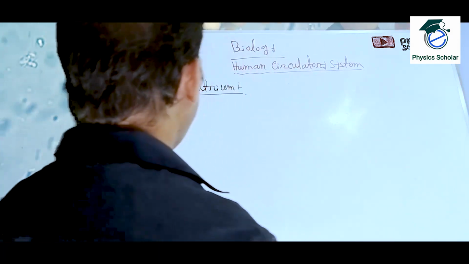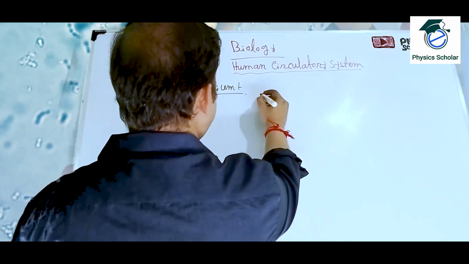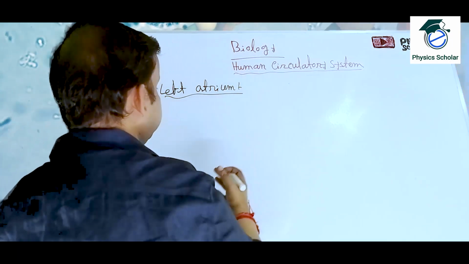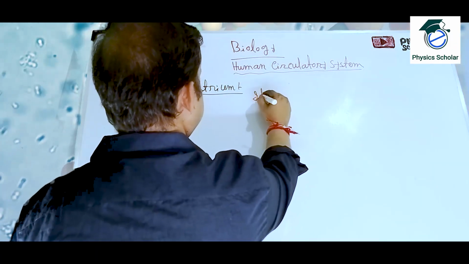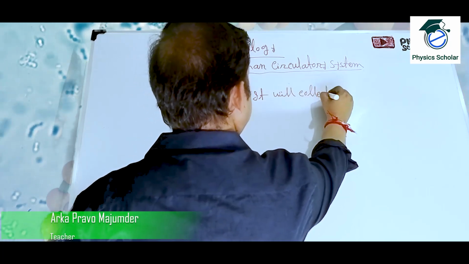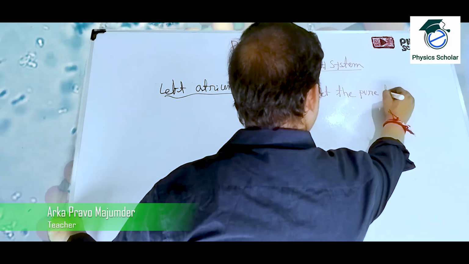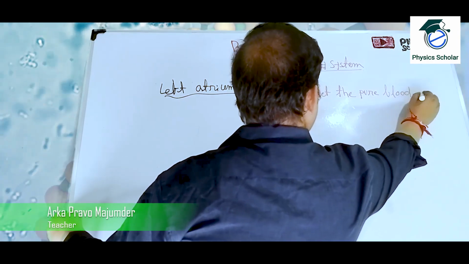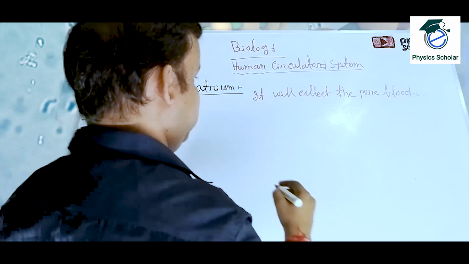So now what is left atrium? Left side means what? Pure blood. So it will collect the pure blood from where? Where does the blood purification occur? In the lung.